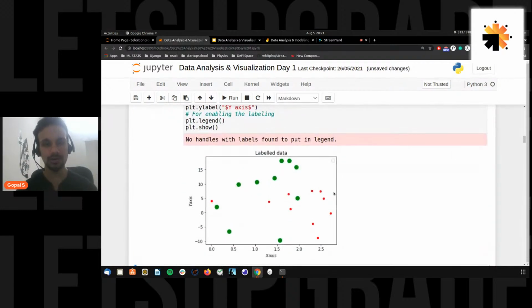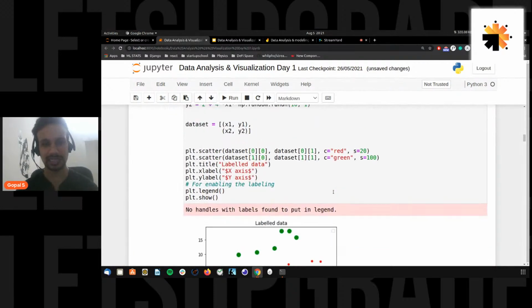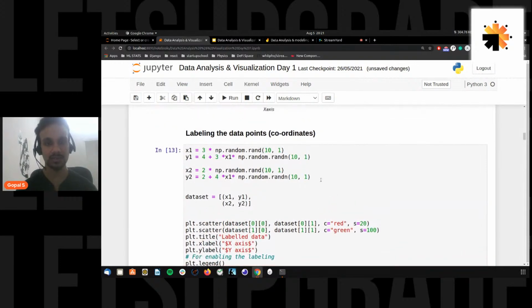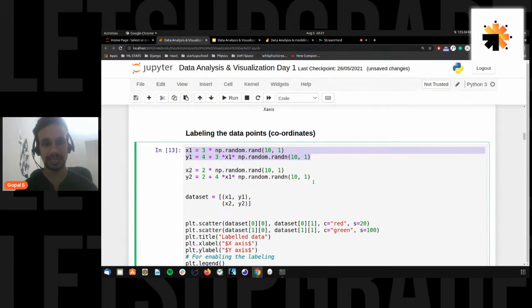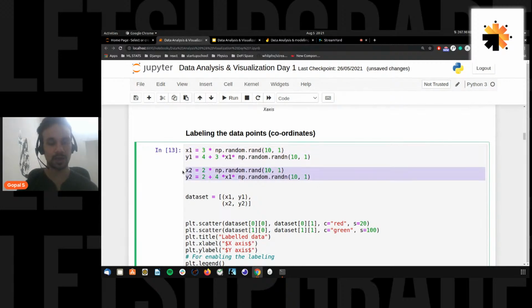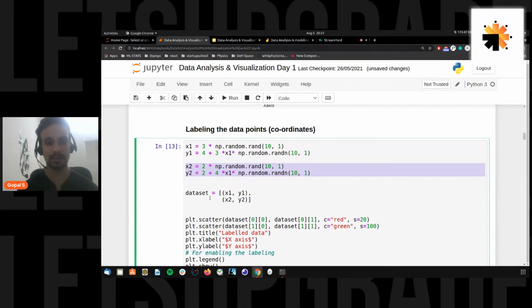Now we don't know. What I did here is I just created two random data sets with x1 y1 and x2 y2, and I put that data set into a matrix form.